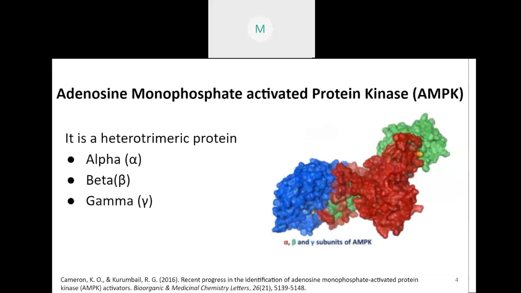The alpha subunit may exist as two different isoforms called alpha 1 and alpha 2. These alpha subunits contain a specific domain named autoinhibitory domain. Preliminary studies show that this domain, the AID domain, interacts with CHIP protein.